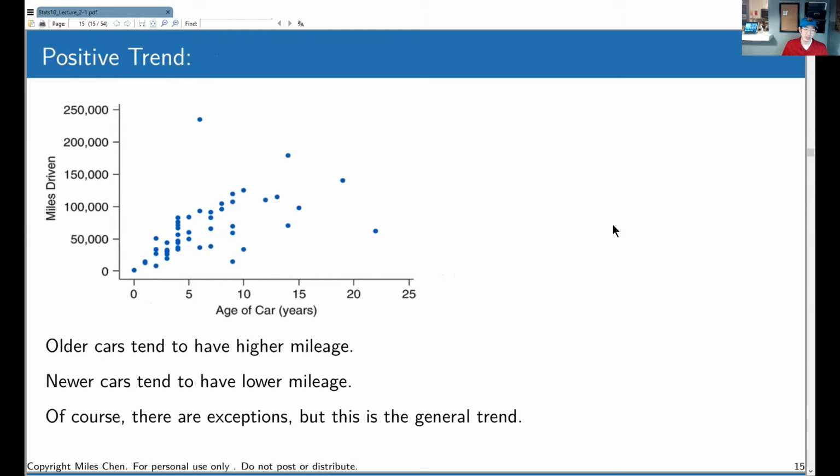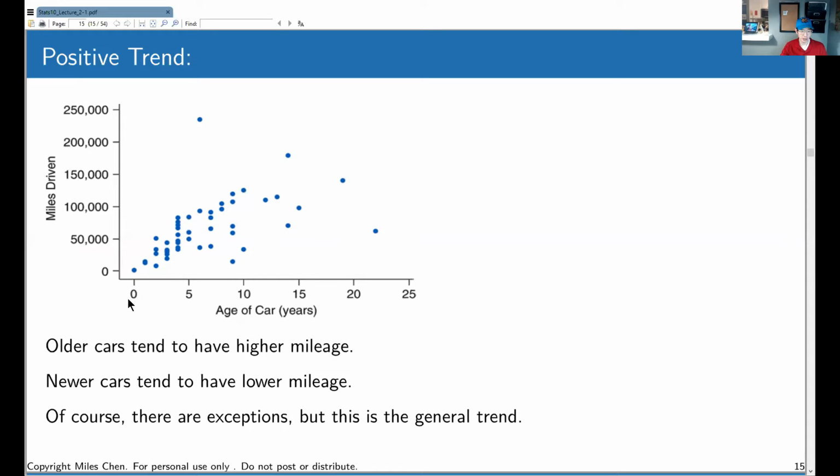Okay. So here we have a positive trend between, if you're thinking of how many miles has been driven on a car versus the age of the car, we're going to see a positive trend. Okay. Older cars that are high in age will tend to have more mileage driven. Okay.